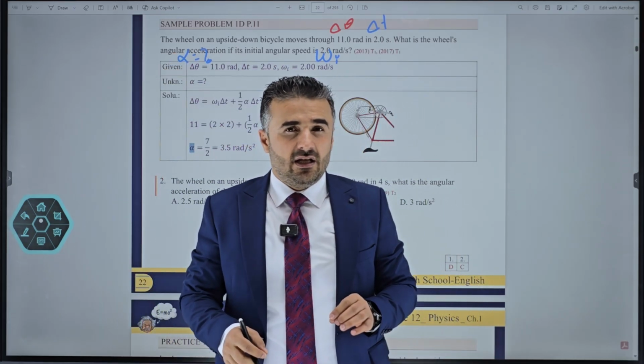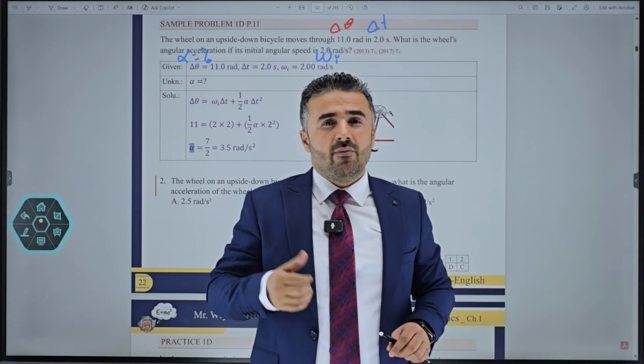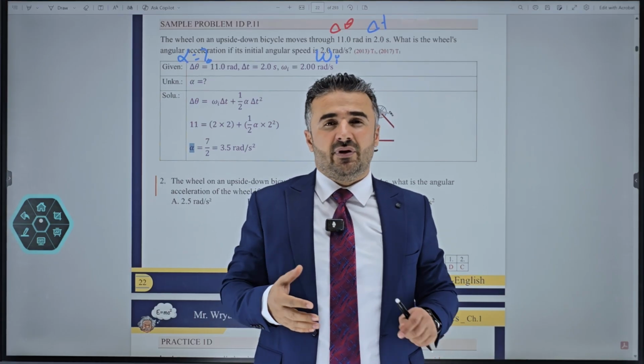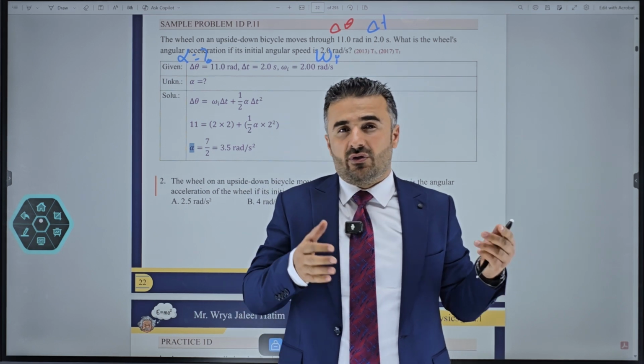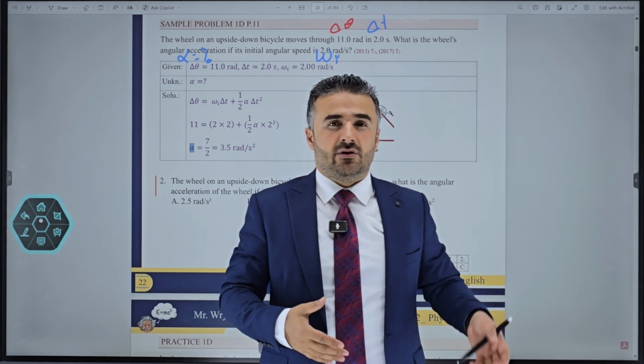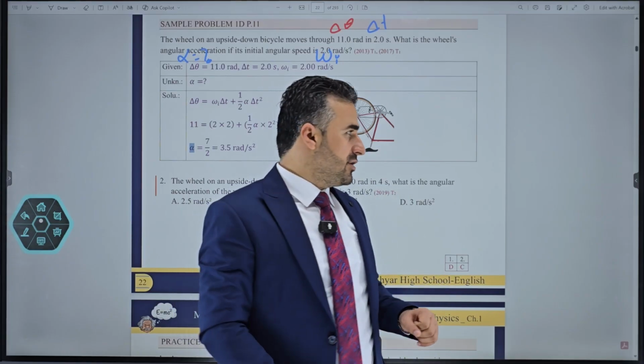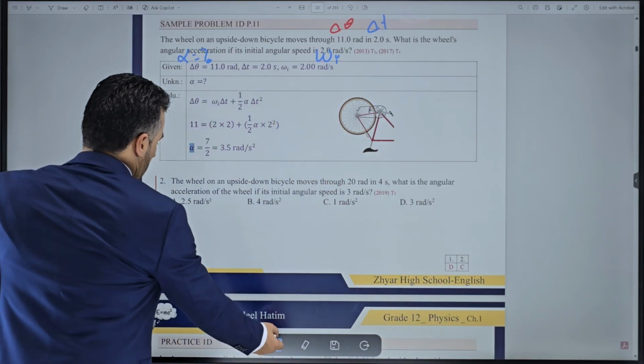So have you noticed so far or not yet? Omega final, or final angular speed, is neither given nor required. So that, of course, leads us to use the third equation, because the third equation does not have omega final in it.